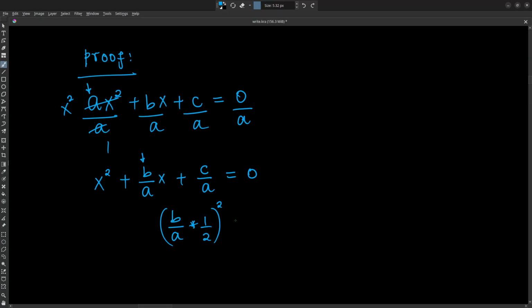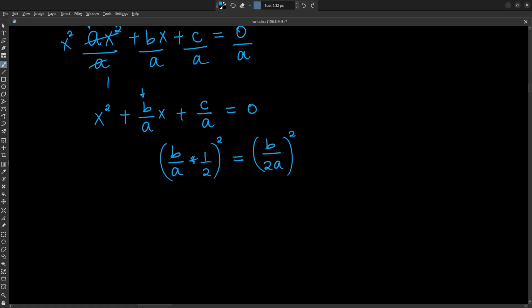So first of all, what does this give us? This is the same as b out of 2a squared. Let's leave it in this form for now. So this is what we are supposed to add and subtract from the left side of our equation. So the left side now becomes x squared plus b out of a times x.